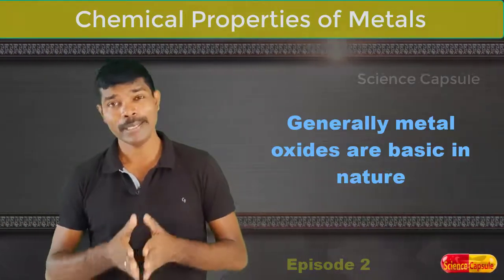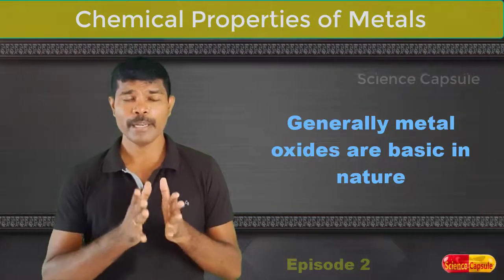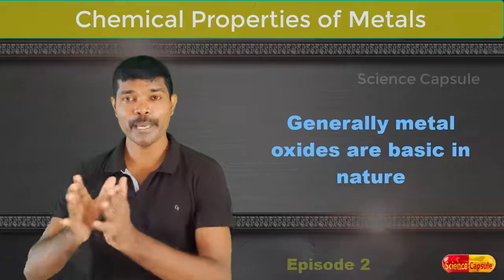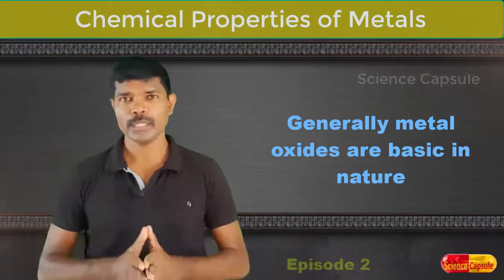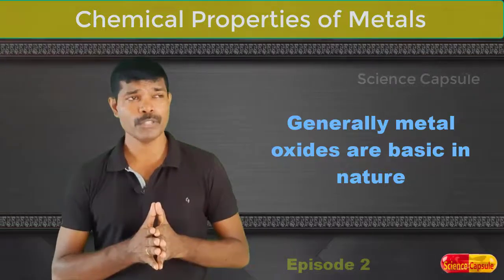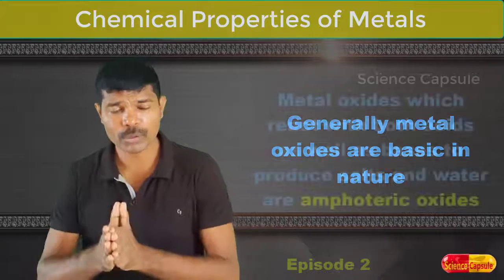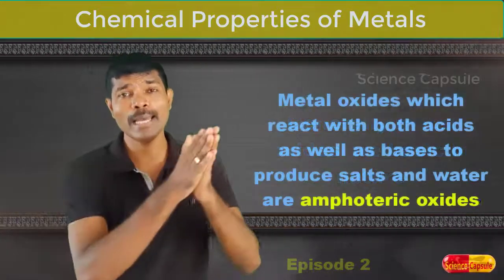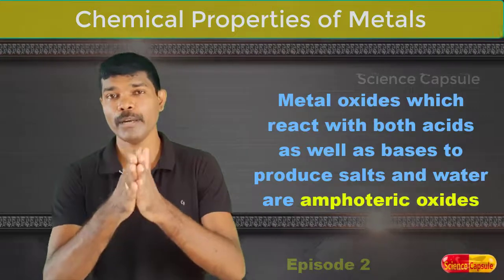We learnt it as a neutralization reaction. So the basic idea is that a metal oxide behaves basic in nature. It's not true for all the metal oxides. There are certain metal oxides which behave both as acidic and basic. So the metal oxides which behave both as acidic and basic are known as amphoteric oxides.